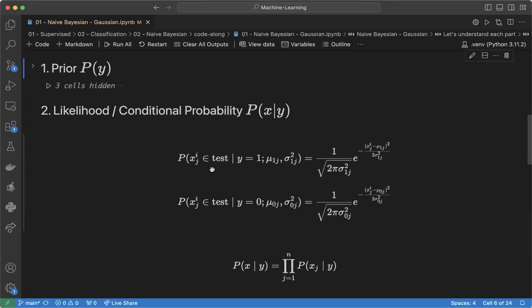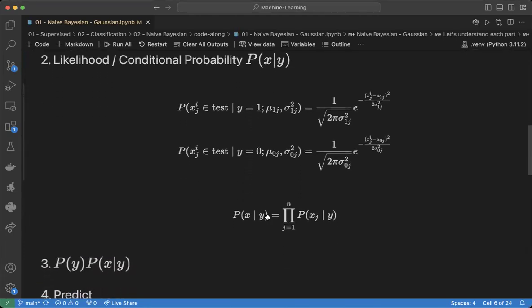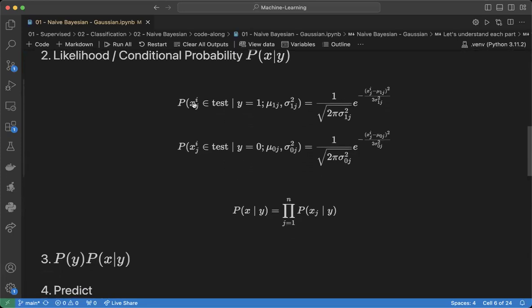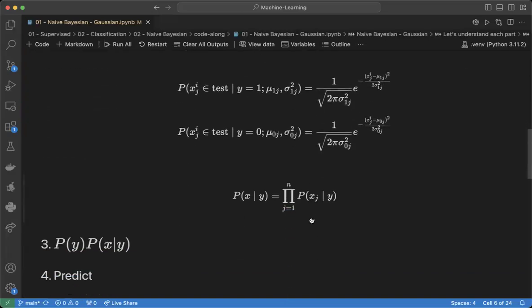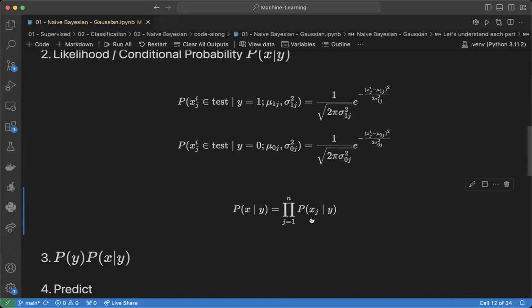And then the y could be for class 1 and class 0, right? And finally, for the total probability, because we are working on each of the features, we just multiply all the features, and then we can have the total probability, right? So great. So let's do this right away.